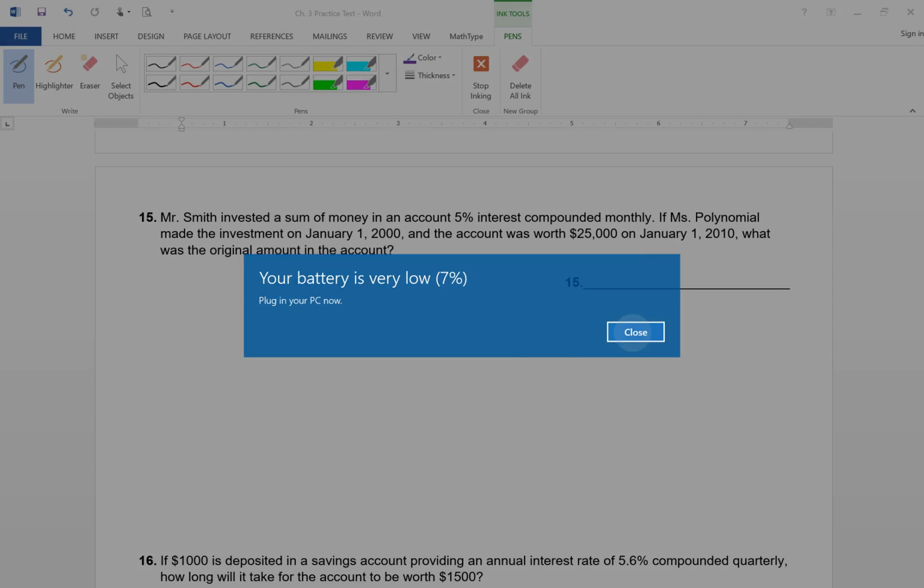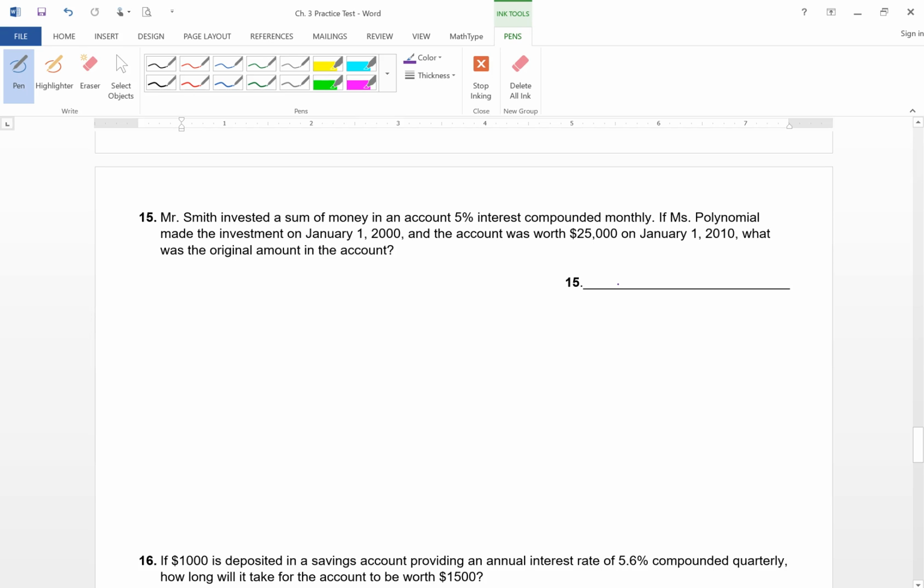All right. In this case, we have a compound interest problem. It says Mr. Smith invested a sum of money in an account that pays 5% interest compounded monthly.